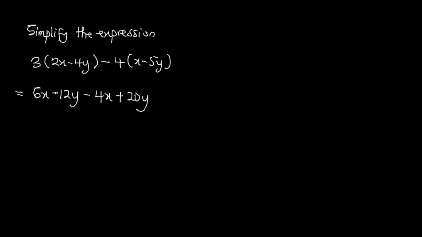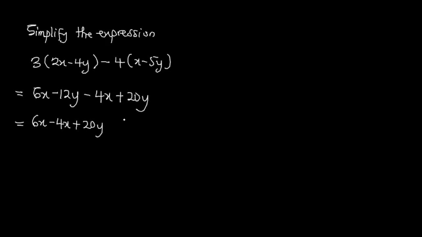Okay, so now that we are done expanding the bracket, the next thing we need to do is to group like terms. By grouping like terms, it means that we group together all the x components of this equation, and then we group together all the y components. So if I do that, I have my 6x over here, then I bring the 4x close to it, so it becomes minus 4x. Then I write plus 20y.